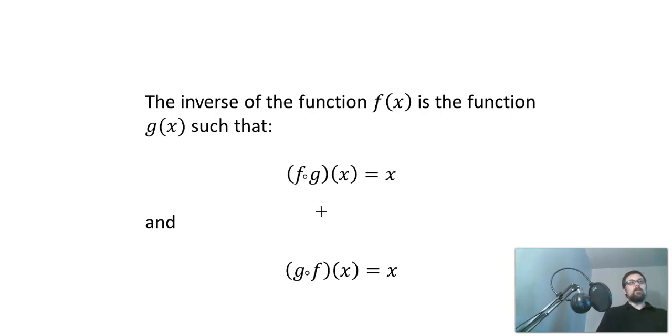We talked about this a little bit in section 2.4, that you can think of functions as machines that take an input, make some changes, and produce an output. So when you have f composed with g of x, g will be the first function to get used. It will take the value of x, make some modifications to it, and produce an output of some kind. f will take that output as its input.